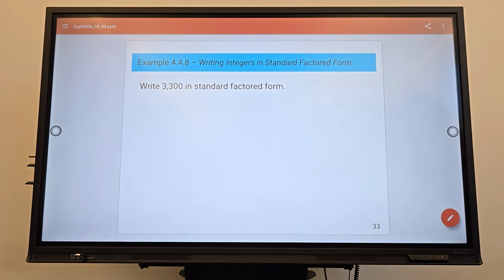Write 3,300 in standard factored form. Divide by 3, make it 1,100. How about we do this?